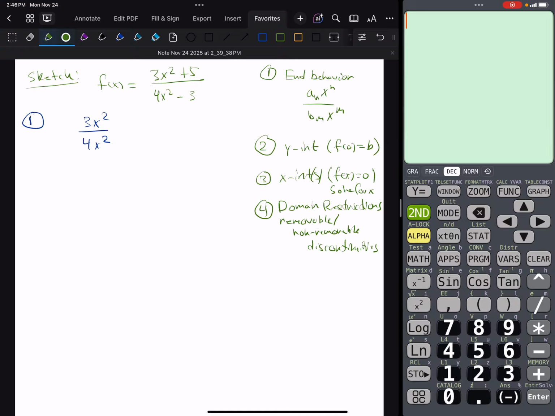That leads to a horizontal asymptote. So since m equals n, we have a horizontal asymptote.